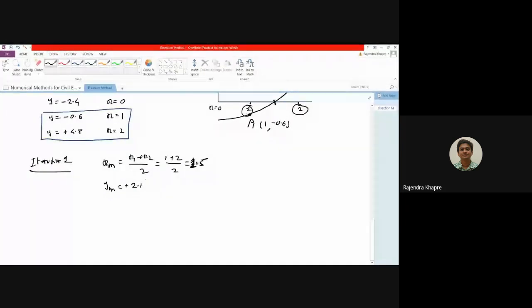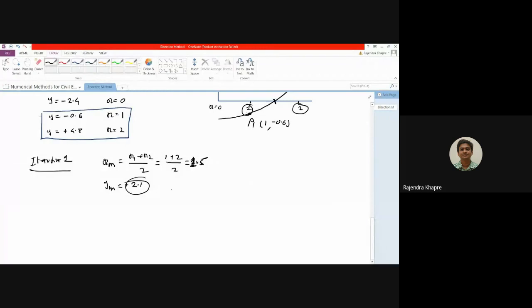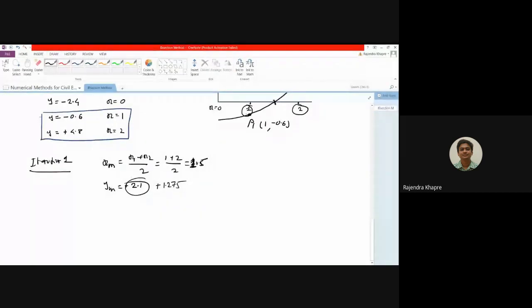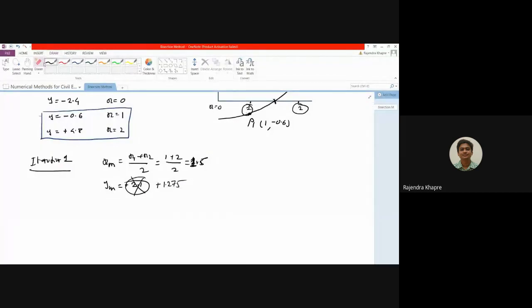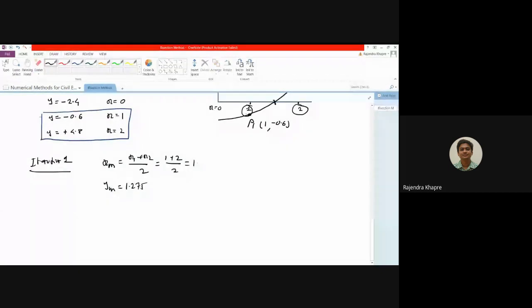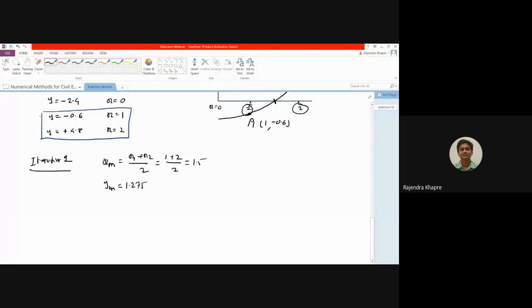Is it correct then? 1.275. Okay, is this positive or negative? Positive. Okay, so this was incorrect. Let me erase this. This is 1.275, right? And this is 1.5. So now ym is positive, I suppose.